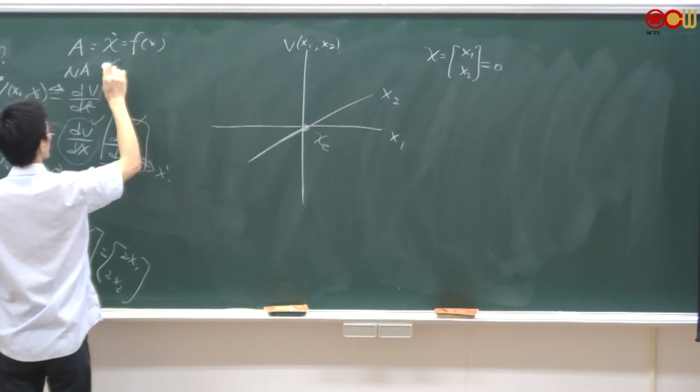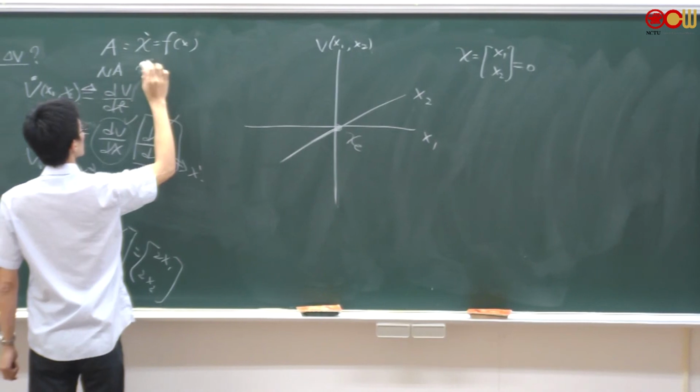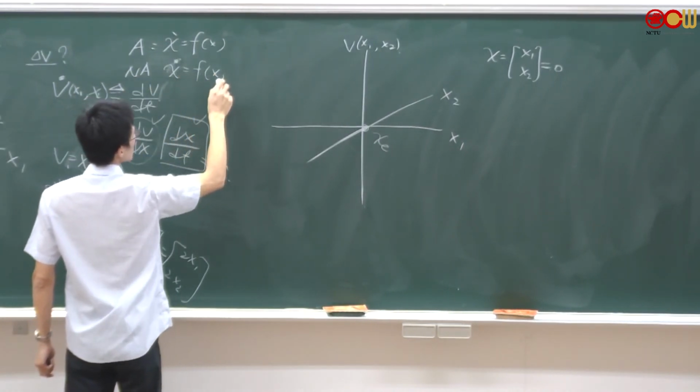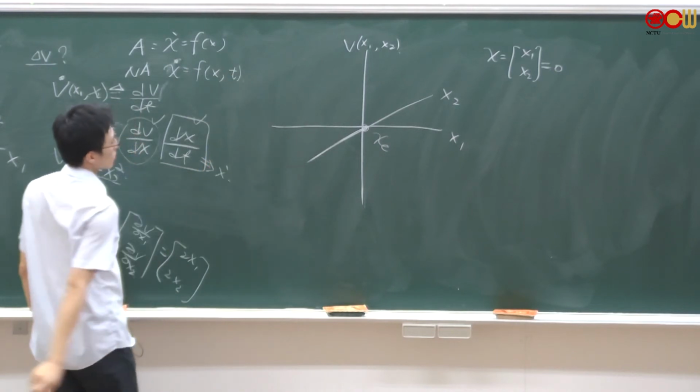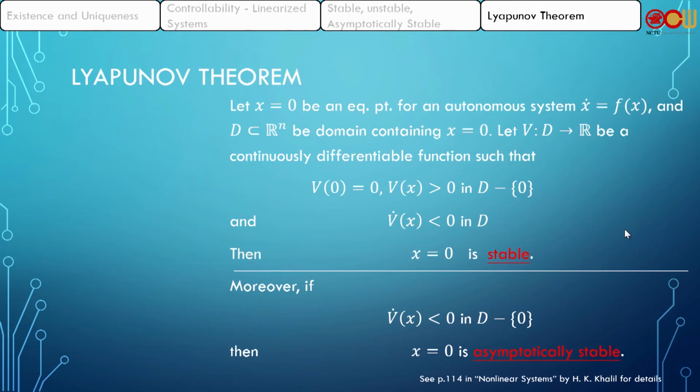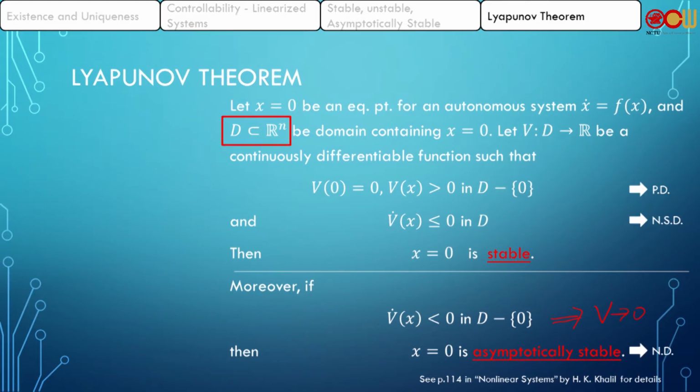Otherwise, for a non-autonomous system it is f(x, t), okay, explicitly dependent on time. Here we consider time-invariant systems. D is a set belonging to Rn, the domain containing the equilibrium.